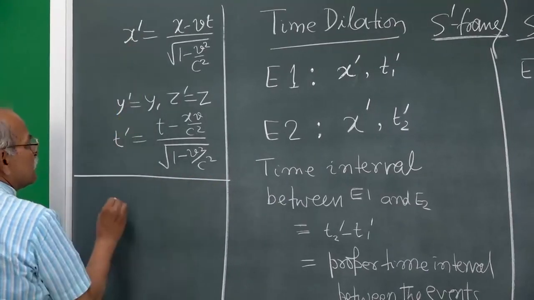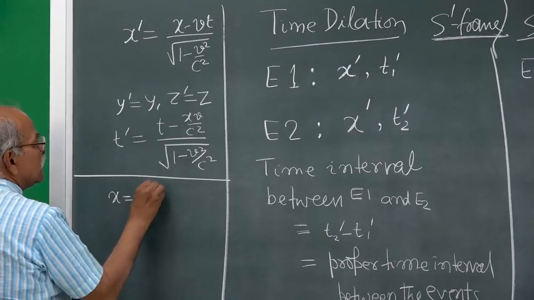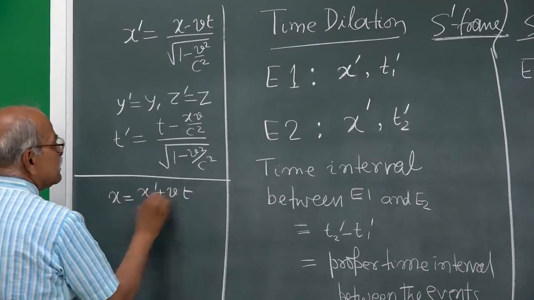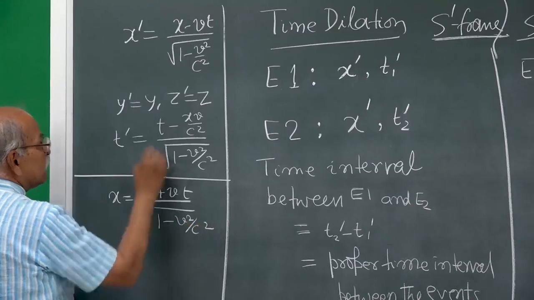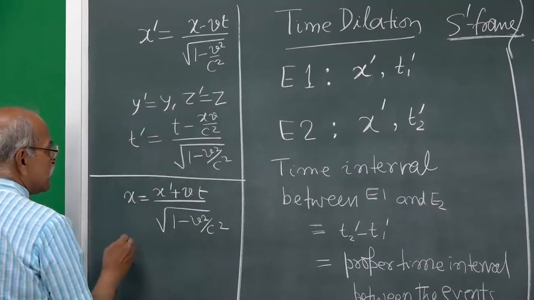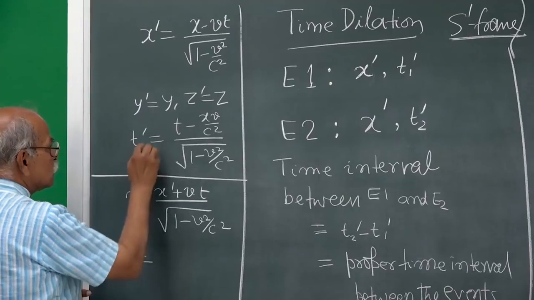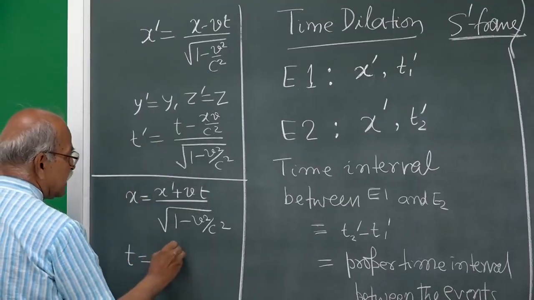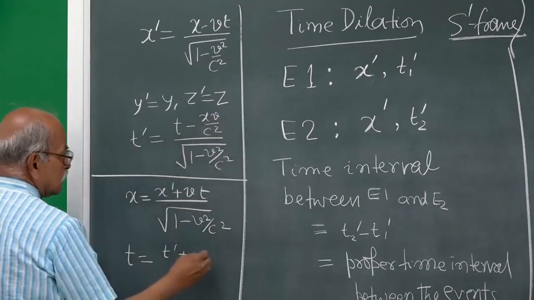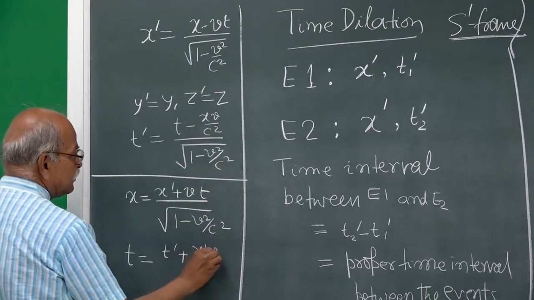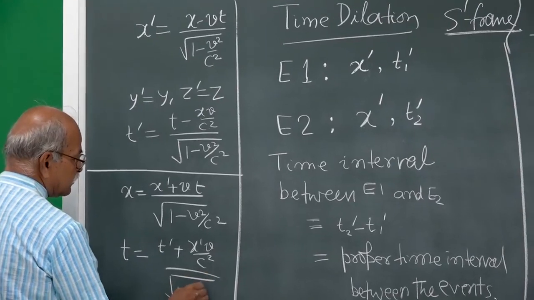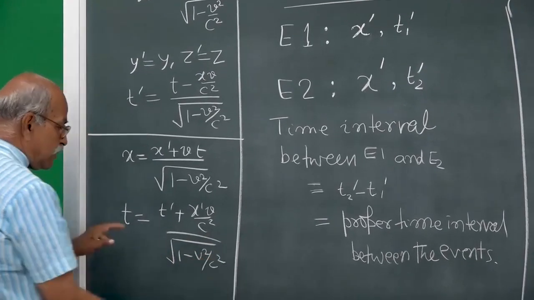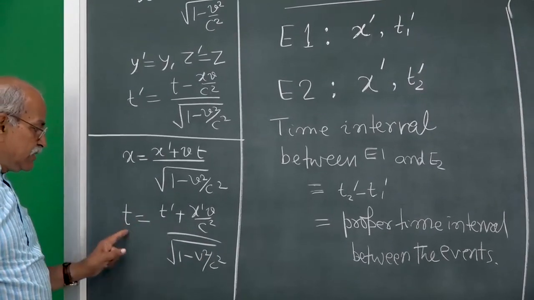The reverse transformation is x equal to x prime plus Vt divided by the square root of 1 minus V square by C square, y equal to y prime, z equal to z prime, and t equal to t prime plus x prime V by C square, divided by the square root of 1 minus V square by C square. I will be using this.